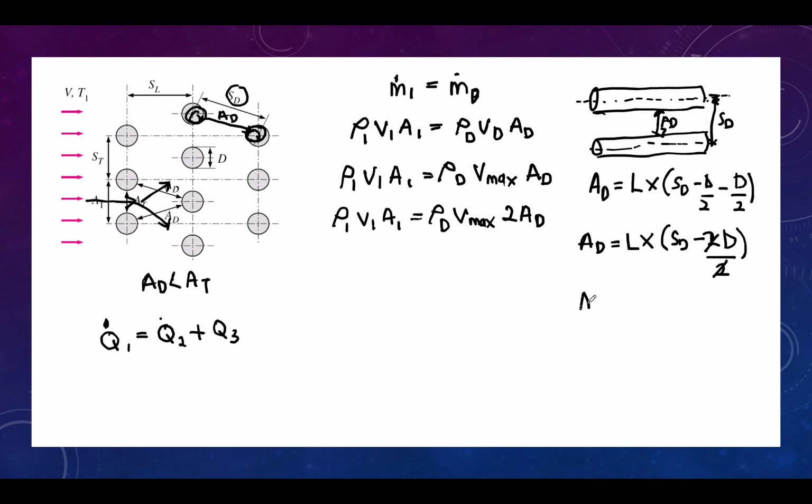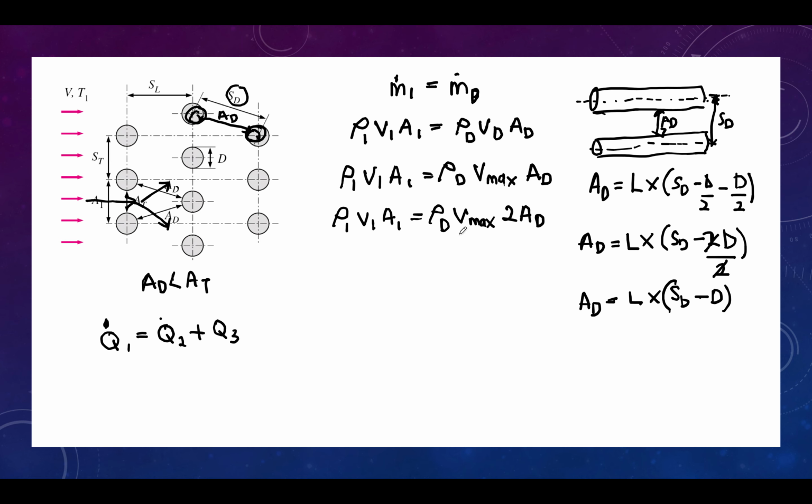Therefore, AD is length times width, SD minus D. So we have the equation for AD. We have to substitute AD into this equation to get V maximum.